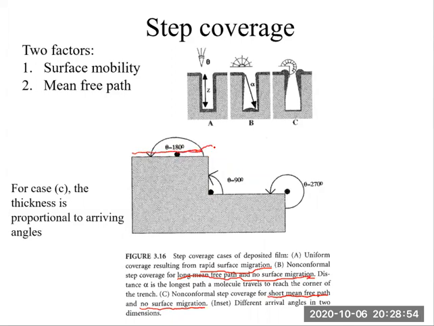This convex corner will be thicker because it has a larger arriving angle. The concave corner is thinner, and this is the 180 degree, and another convex corner thicker. So that will be the thickness distribution for case C.